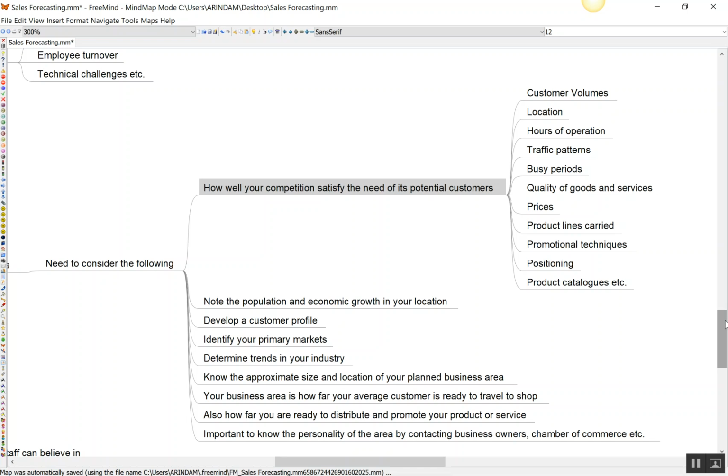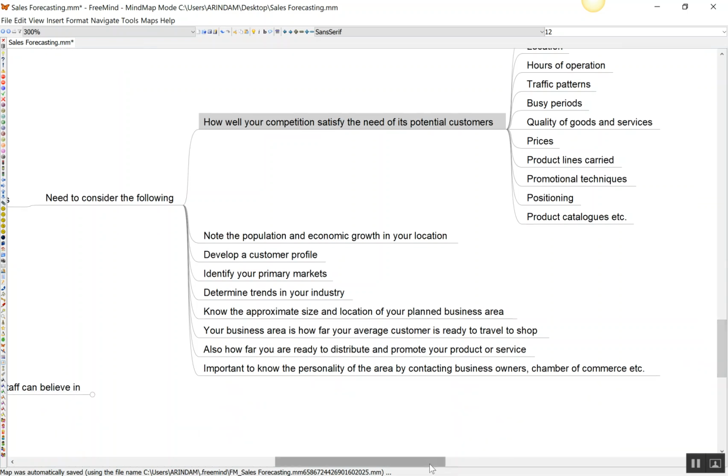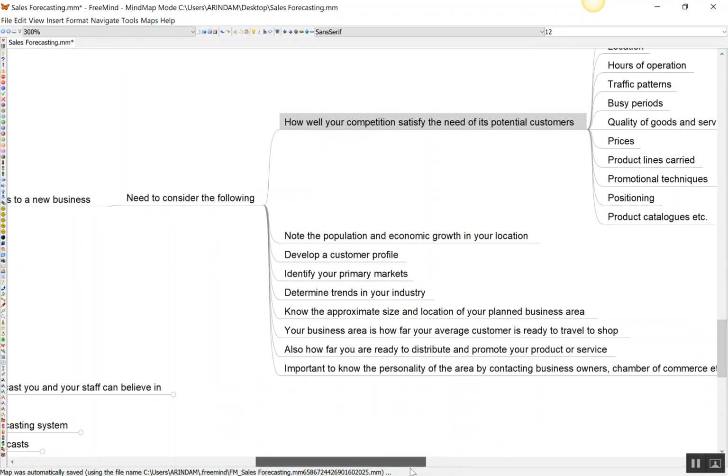How will your competition satisfy the need of its potential customers from all these perspectives, and how you are placed vis-a-vis that, has to be taken into account while undertaking a sales forecasting exercise.